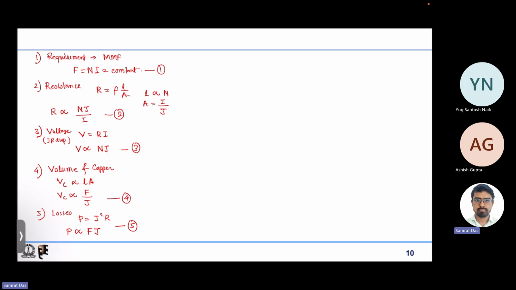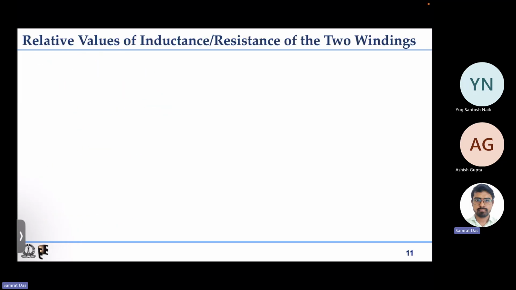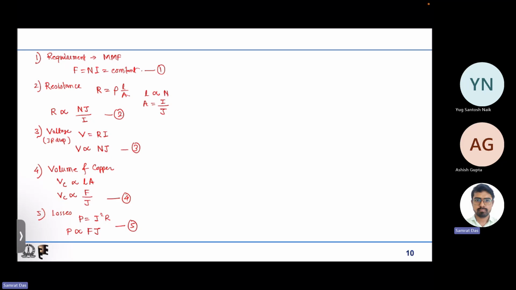So what can we see? Let us now focus on equations 4 and 5. In equation 4, you can see that the volume of copper is inversely proportional to J, because MMF is constant once we know our requirement.